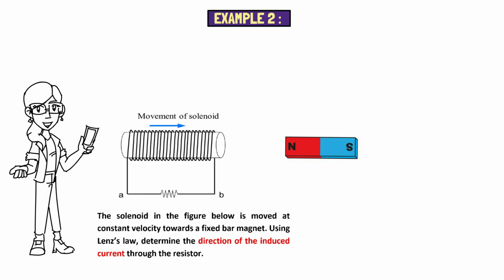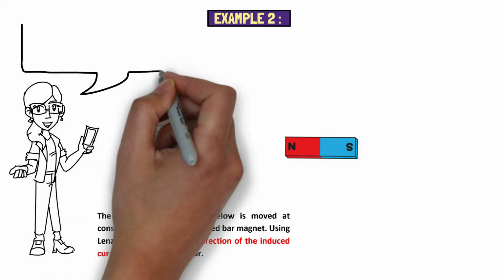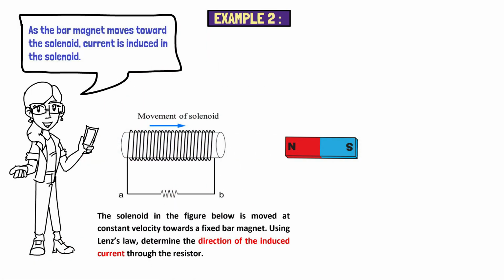So kat situ kita ada point A and point B. So bila kita nak jawab, kita nak tahu direction of the induced current daripada A ke B ke ataupun daripada B ke A. Okay, so sekarang kita dah tahu dah tadi bila salah satu coil datang mendekati bar magnet ataupun bar magnet datang mendekati coil, apa yang berlaku akan ada perubahan magnetic field dan akan ada perubahan magnetic flux dan secara tak langsung akan hasilkan induced EMF dan akhirnya akan wujudlah induced current dalam solenoid tersebut.